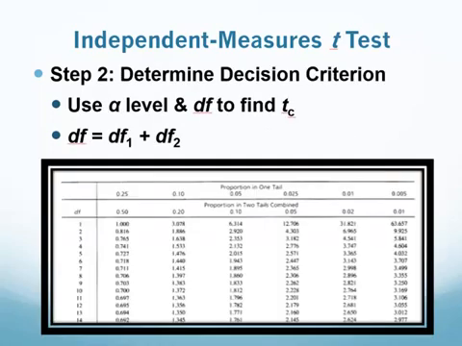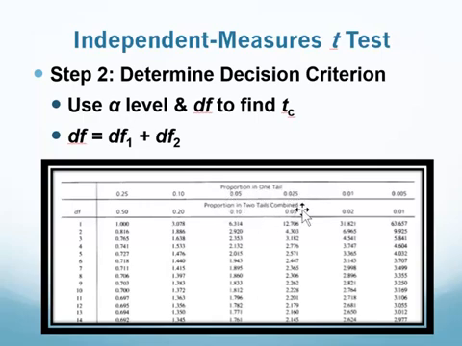Okay. So then the next step is to determine our decision criteria. The good news is we're still going to continue to use our t-table, and we're still going to select our column based on whether we're running a one or a two-tailed test, and whatever our alpha level is. So remember, in chapter 9, we had to ask, was this a one or a two-tailed test? If it was a one-tailed test, we used this row.